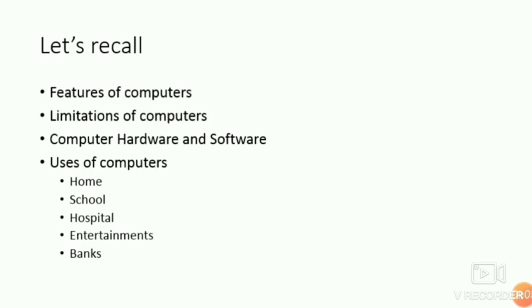We use computer to play games, listen to music, watch movies, type letters, store addresses and phone numbers, draw and paint, make cards, plan budgets, surf the internet, use emails, and book tickets and do online shopping.